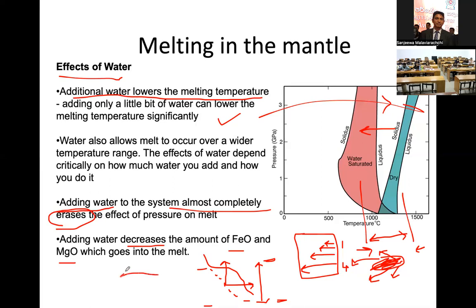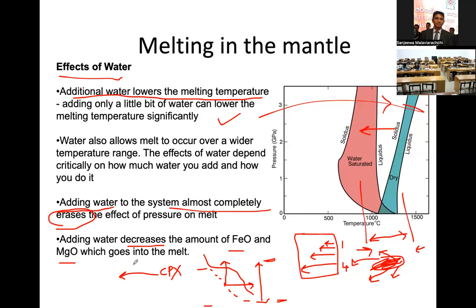Remember, the CPX is the first to start melting, right? We mentioned that before. Okay, so from CPX, iron can go out, magnesium can go out. So this is the concept. I mean, from these phases all this iron and magnesium is going out, right?